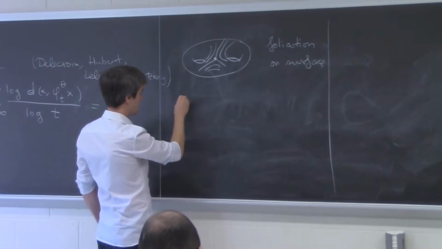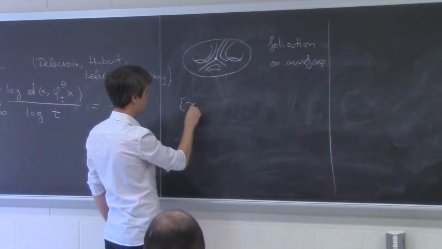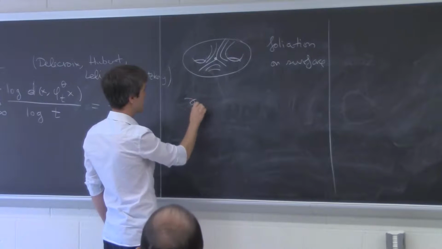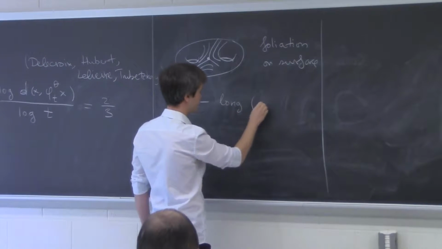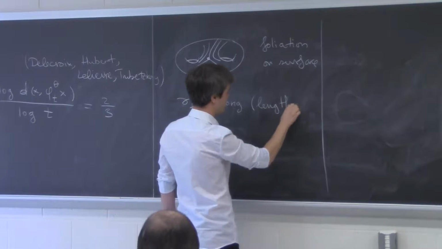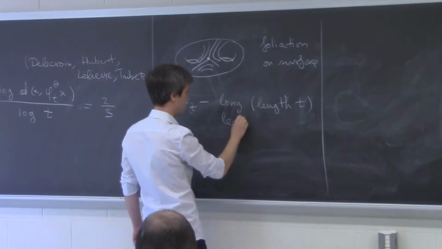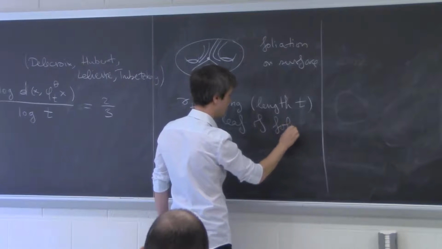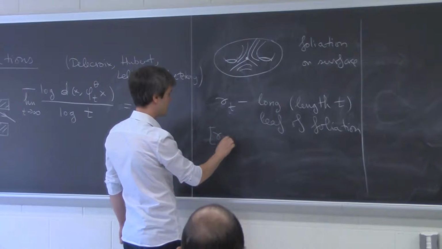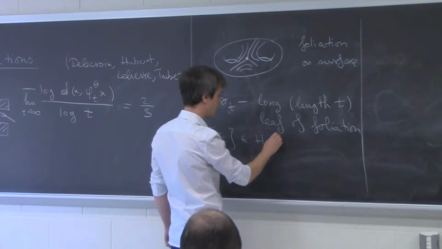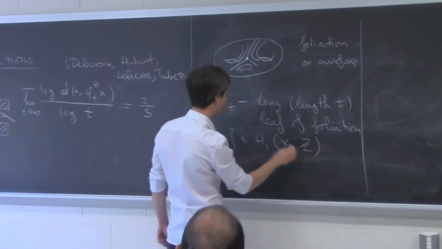And if you take gamma t, let's see, gamma t is a long leaf of this foliation. Then you can close it up, and you can take a class in the homology of this surface.